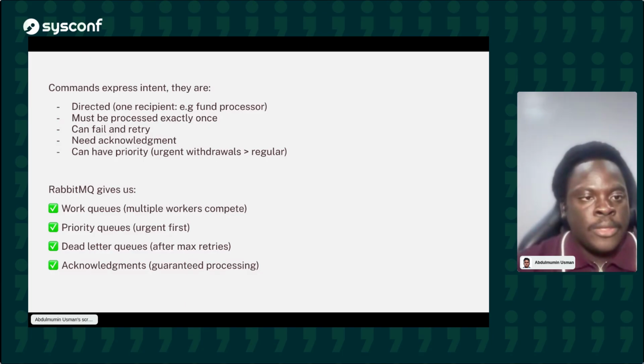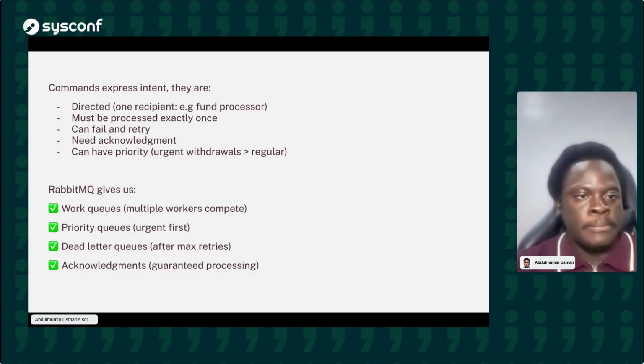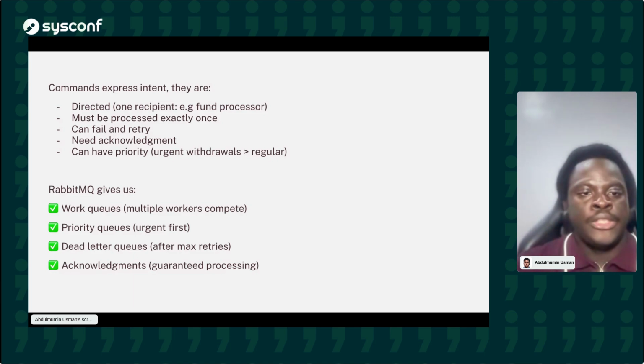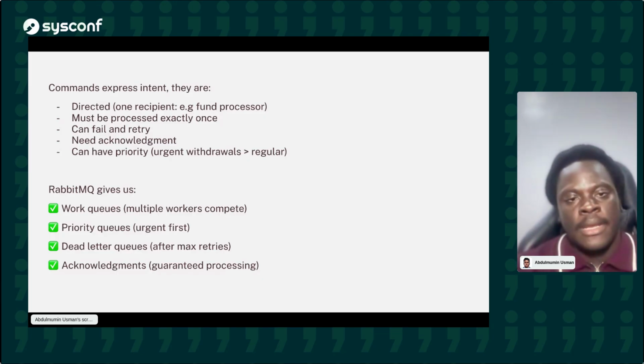You could have priority queues, urgent first, dead letter queues after a maximum number of retries, it just goes into the DLQ. Then acknowledgement, which gives you guaranteed processing.